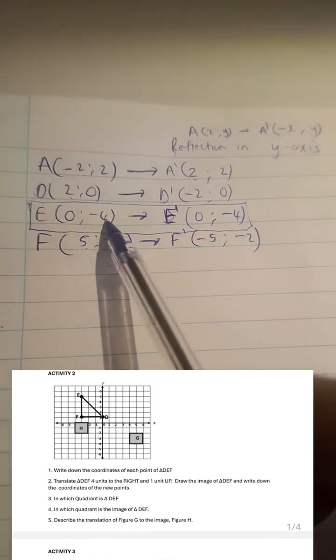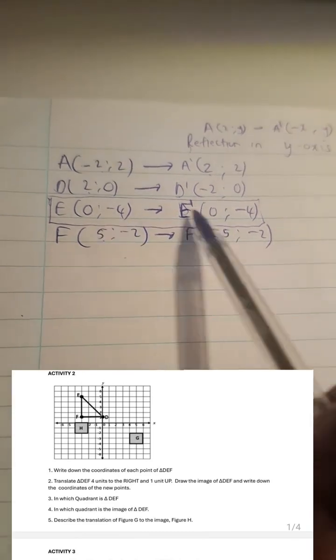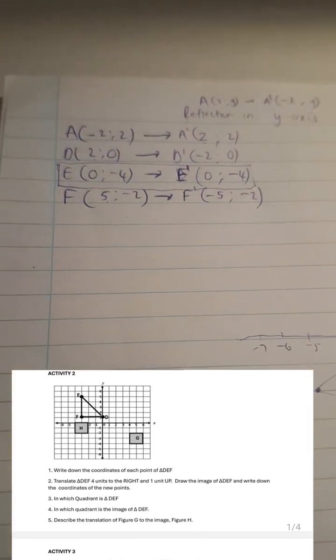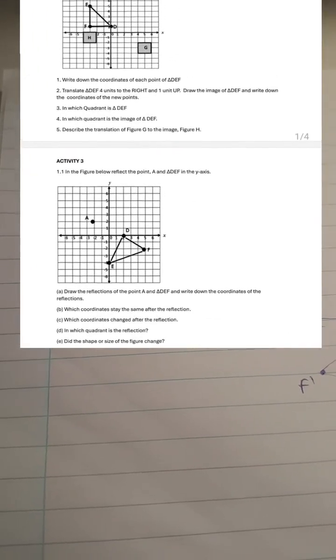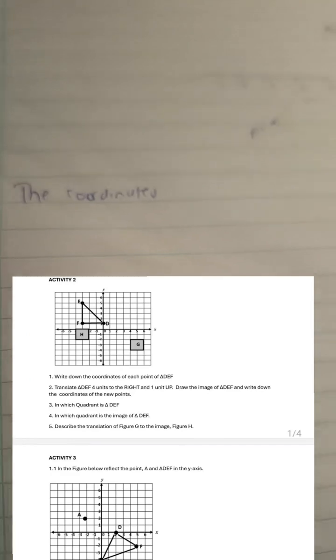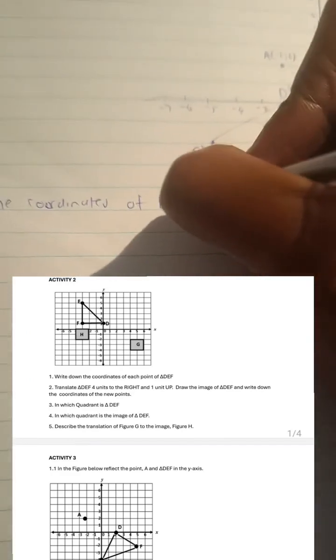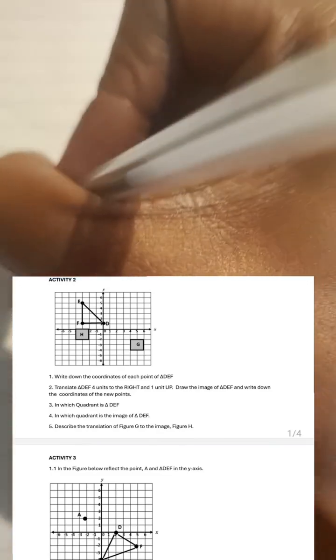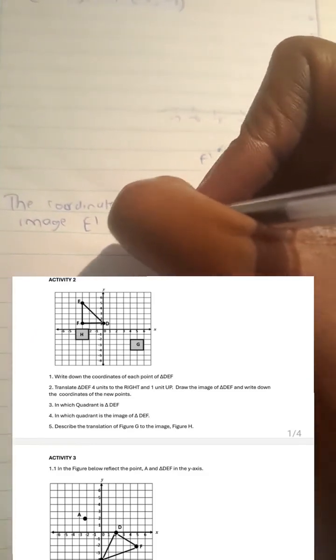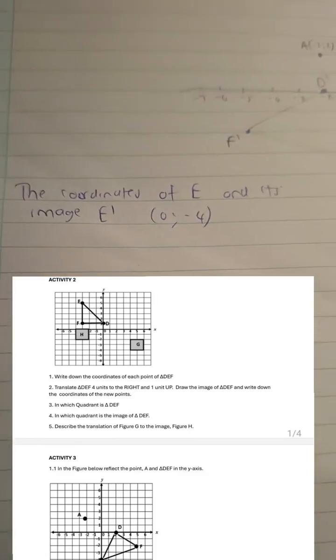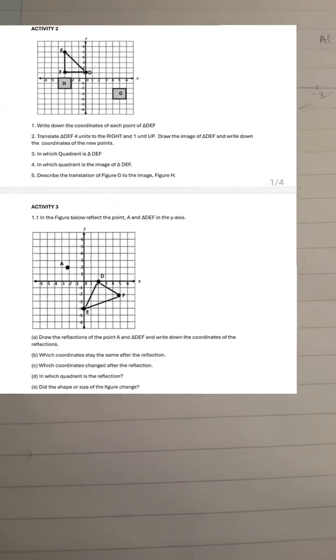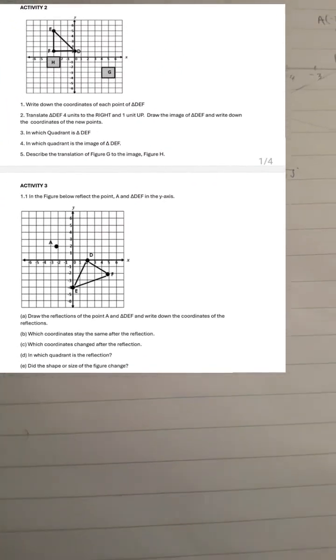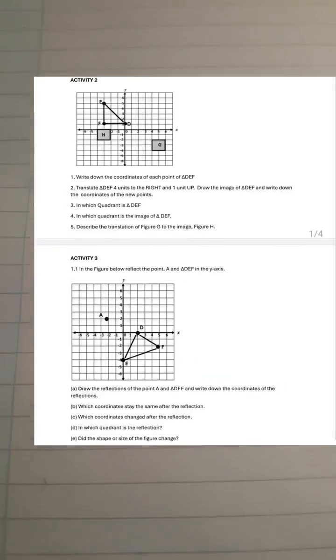So the coordinates of E and its image stay the same, and they are both (0, -4). Even after reflection, no change.